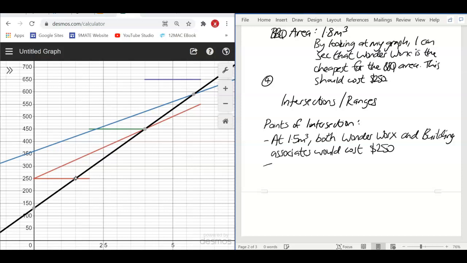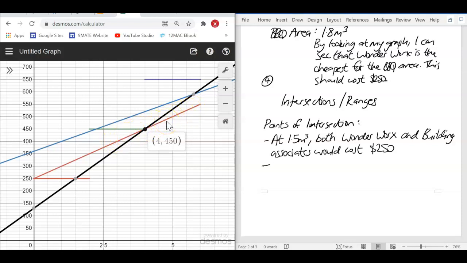We now need to repeat this for every point of intersection we can see. So if we follow our cheapest line, we can see at this point here, if we go down, it looks like 0.5, which makes 3, 3.5, 4. So at 4, those two lines touch each other. Or actually 3 lines, because we can see the green line, which is the step graph for Wonderworks, the black line, Building Associates, and top notch is this red line.